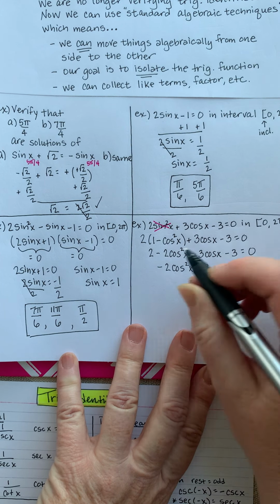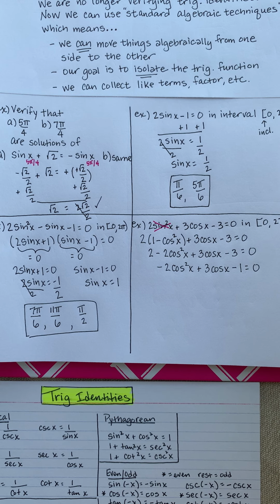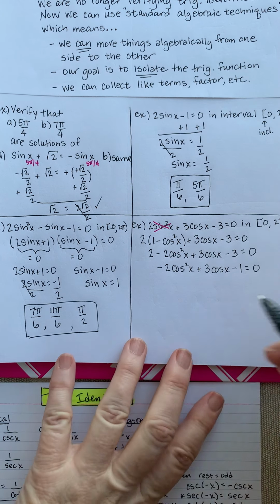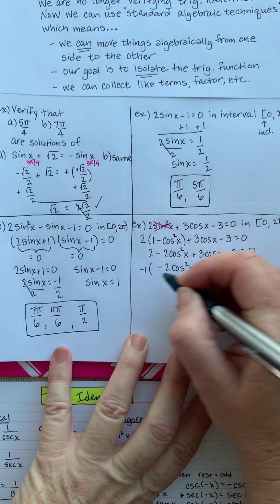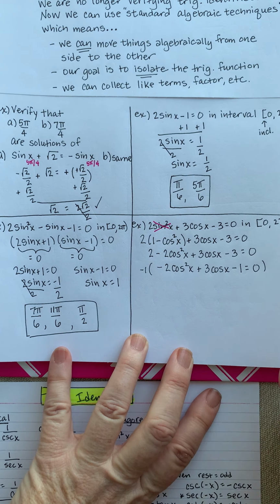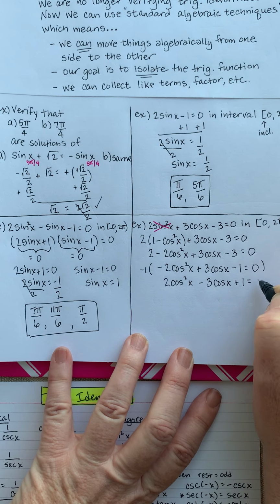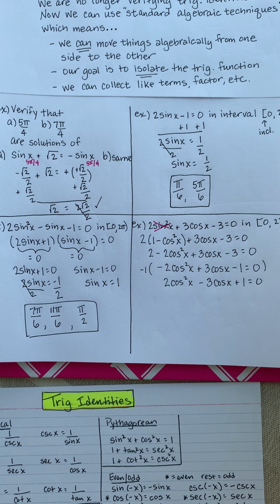And now I've got this in standard form with decreasing exponents. I never like to factor personally with a negative in front of the first term. So I'm going to multiply this whole equation by -1, or divide it all by -1, whichever you want to do, so that I can change these signs. And now my first term is positive, because that always makes it easier to factor.